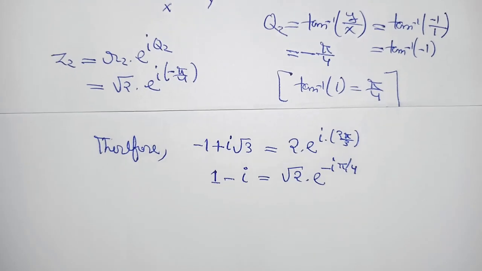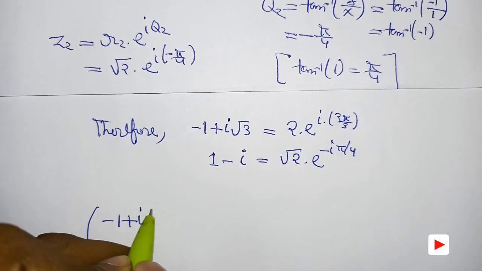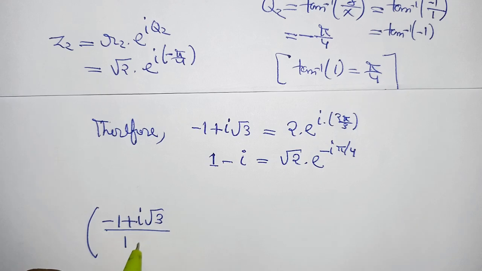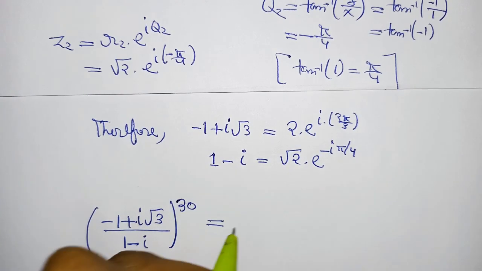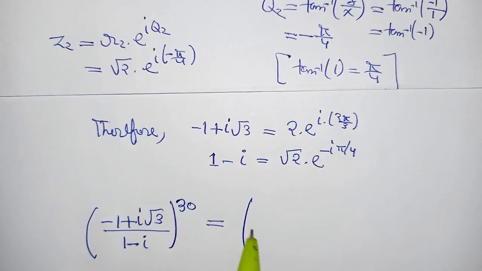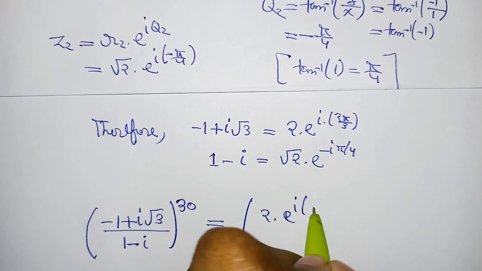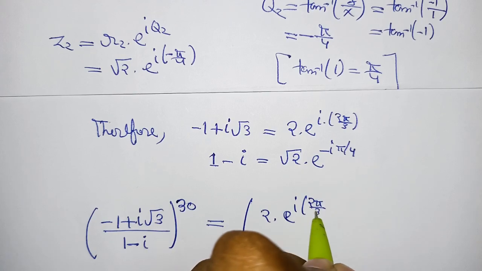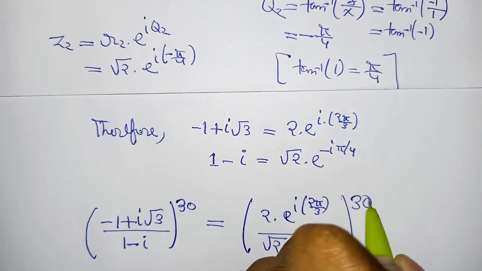And then by these exponential forms, the required value is minus 1 plus iota square root 3 divided by 1 minus iota, and the whole power is 30, will be equal to, now substitute these values. So we have 2 into e raised to power iota into 2 pi by 3 divided by square root 2 into e raised to power minus iota pi by 4, and the whole power is 30.